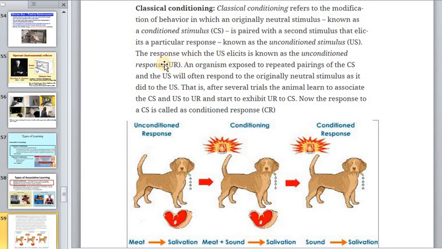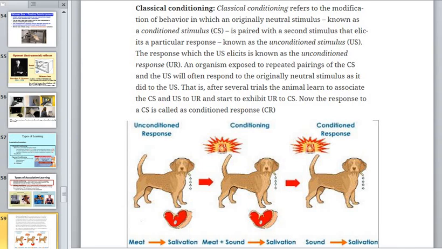An organism exposed to repeated pairing of the conditioned stimulus and the unconditioned stimulus will often respond to the original neutral stimulus as it did to the unconditioned stimulus.